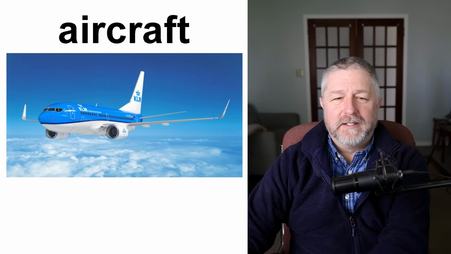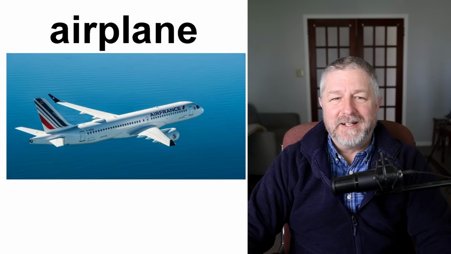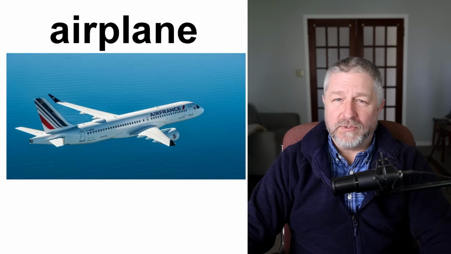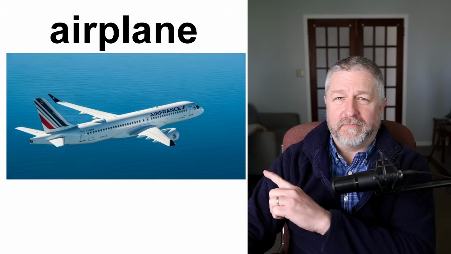So a few simple terms. Aircraft is used to refer to anything that we built as humans that flies. Generally, we use this to refer to airplanes. So this is an aircraft, and it's from KLM, which is the airline in the Netherlands. I tried to represent a couple countries here. We also have airplane to specifically talk about this kind of machine.